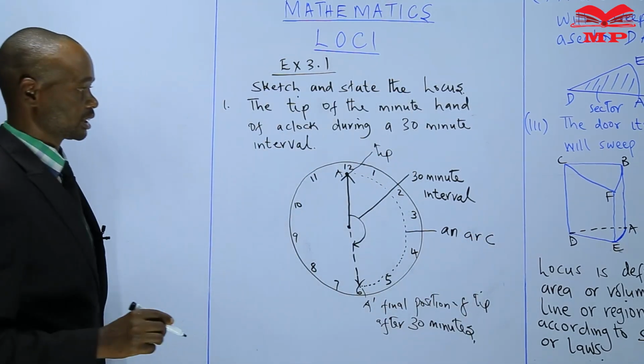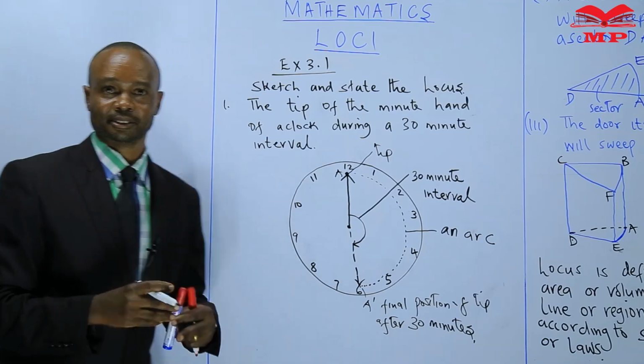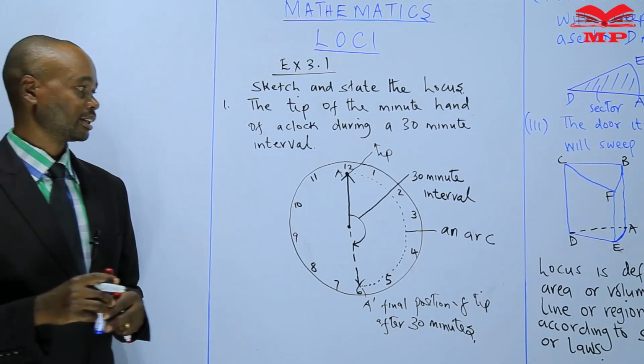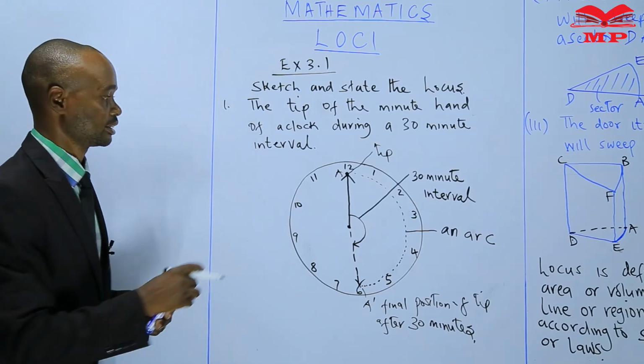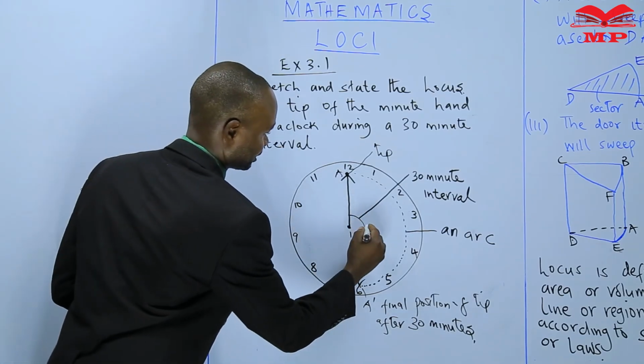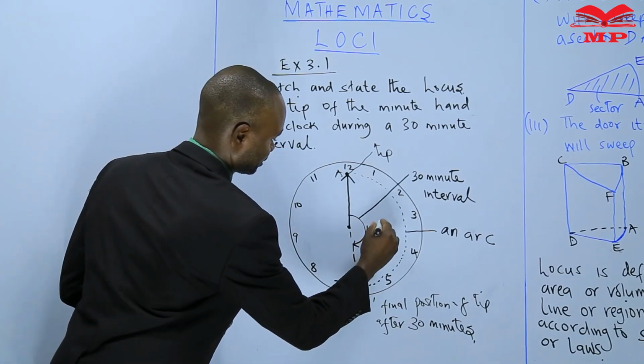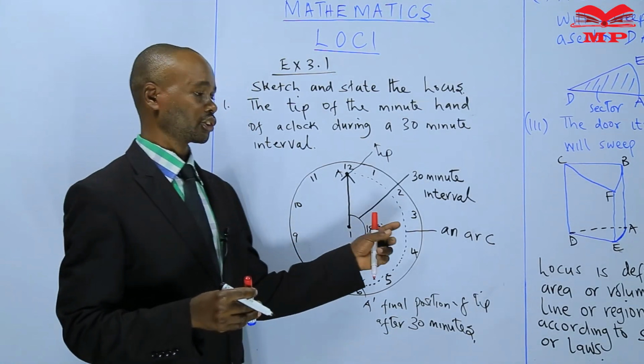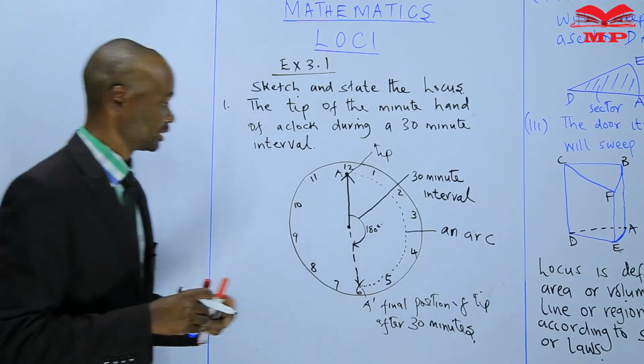So is it enough to say an arc? Isn't it? It traces an arc. There is something else you can add. This is 180 degrees, isn't it? Because you don't know whether it is quarter way or halfway.